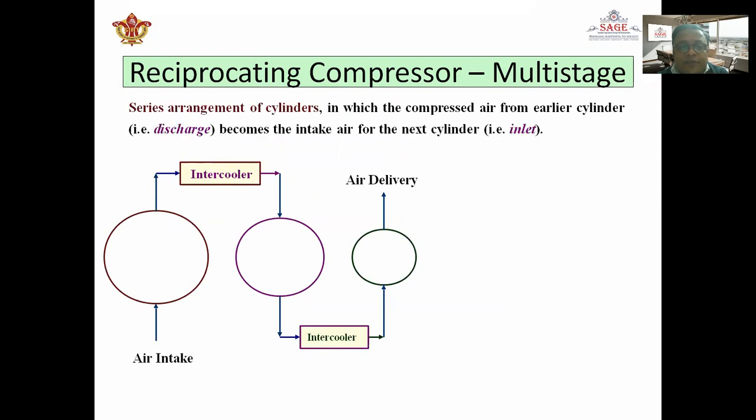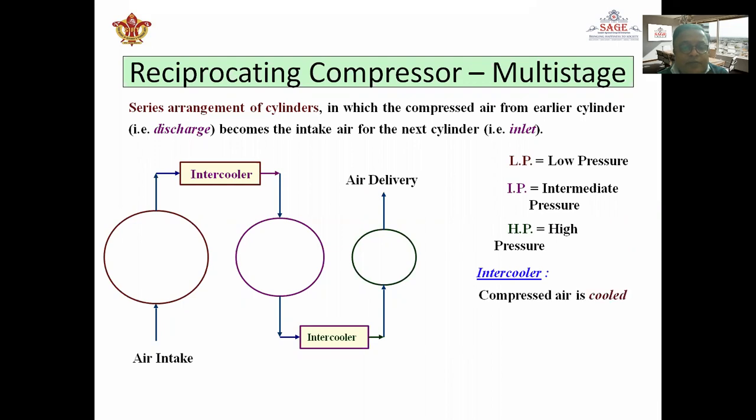This is the diagram where air intake in the low pressure cylinder is done. Intermediate pressure for the high pressure ratio is generated as per the requirement. HP is the high pressure. In the intercooler, the compressed air is cooled between the cylinders. The low pressure cylinder is where the compression starts. After intercooling is completely done in the intercooler, air goes to the intermediate pressure cylinder, where it is compressed by external sources.